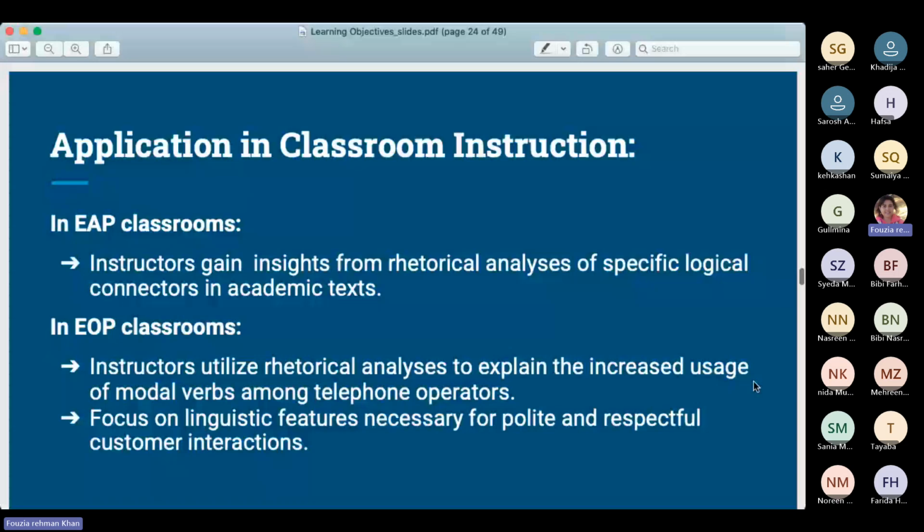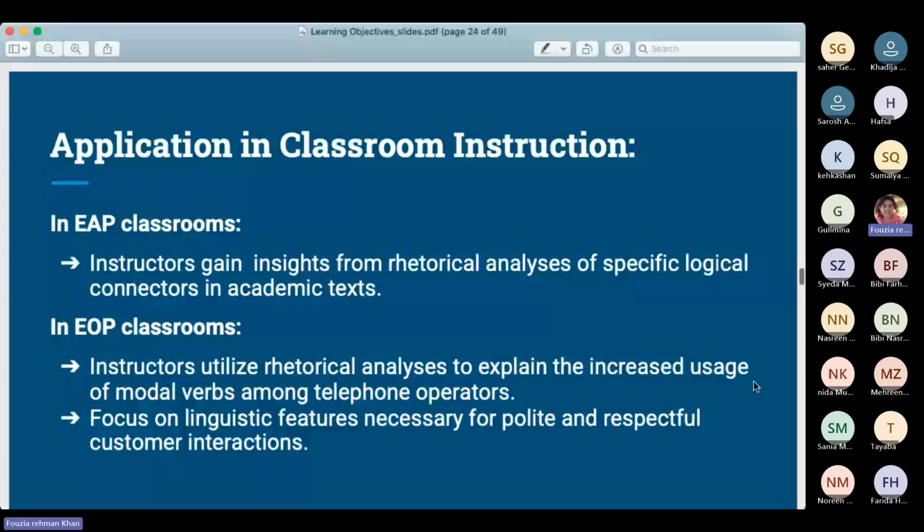So they need to be taught about the use of modal verbs and how to be respectful in these interactions. Okay. This is one of the examples for rhetorical analysis, and for genre analysis, we just talked about business write-ups. Okay, how do you write while you are having a business correspondence?